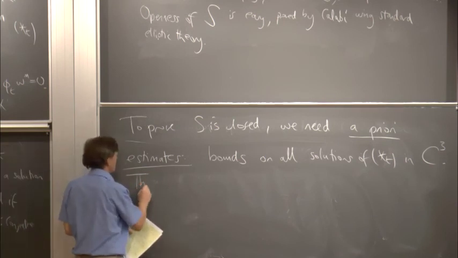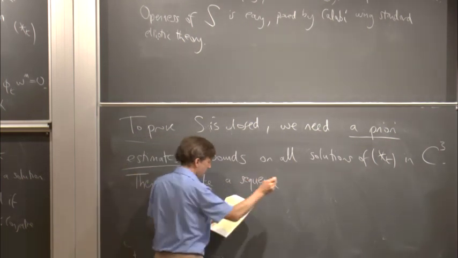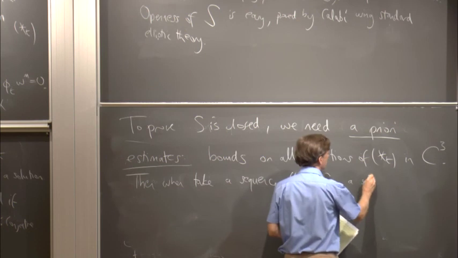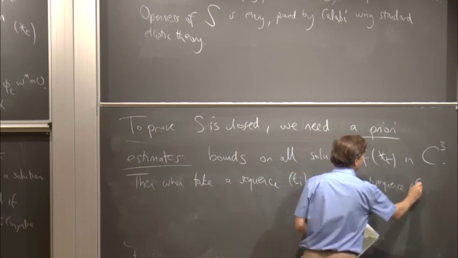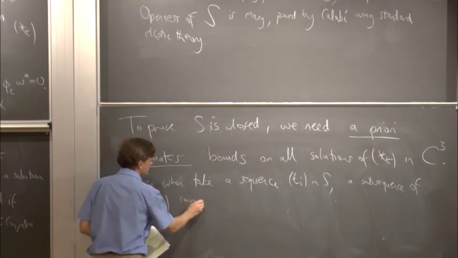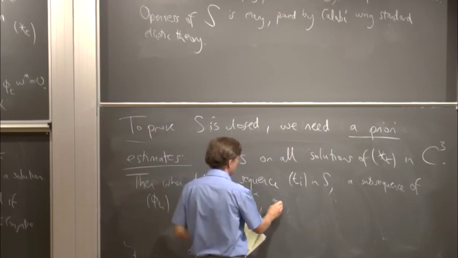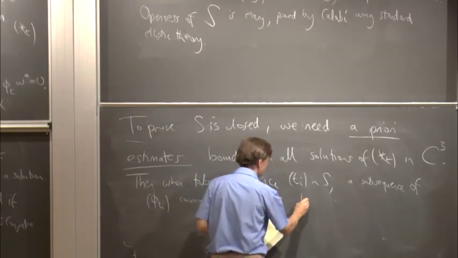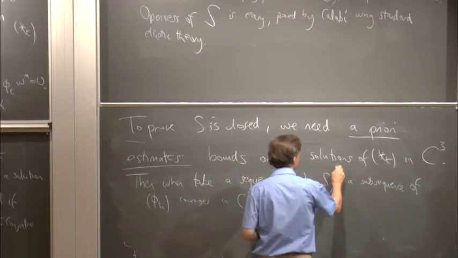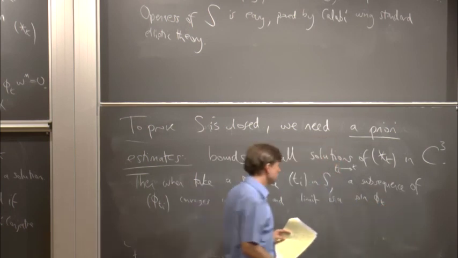So then, well, when we take a sequence t_i in S, then a subsequence of the phi_{t_i}'s converges, or maybe not in C3, but in some C^{2,alpha}, let's say, and then, with t_i going to t, the limit is a solution phi_t to star t.